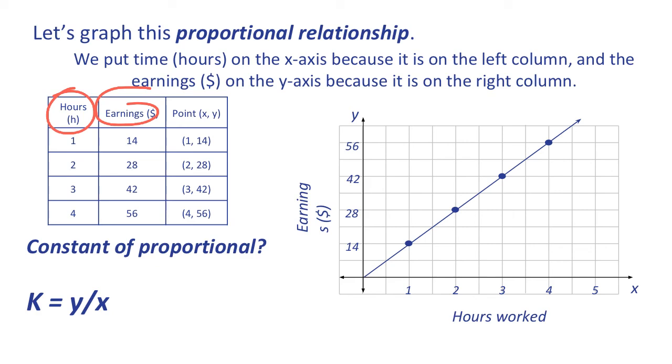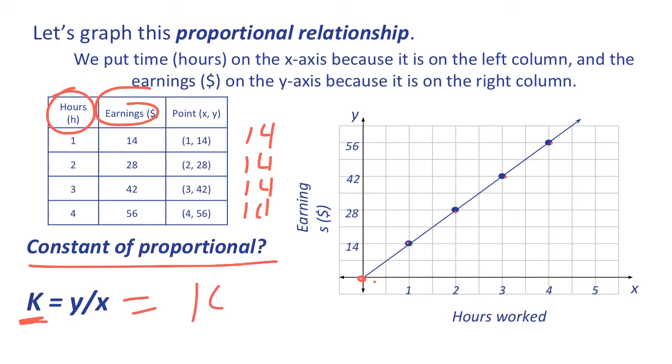Well, it goes in a straight line and it passes through the origin. And if we were to take any of these points and divide the y over the x, you get 14 for each of these. And the constant of proportionality, also known as k, would be 14. That is the unit rate for this problem.